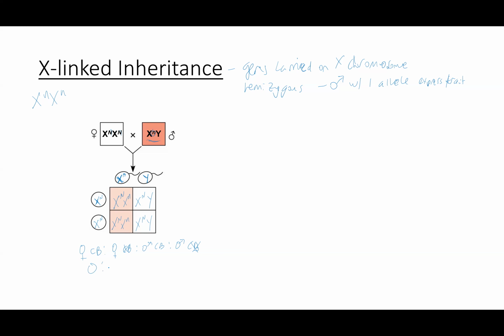And how many are not colorblind? Two. But these two are both X big N, X little n. What are they? They're heterozygous, so they're going to be carriers. What does that mean for their sons? They might be colorblind.